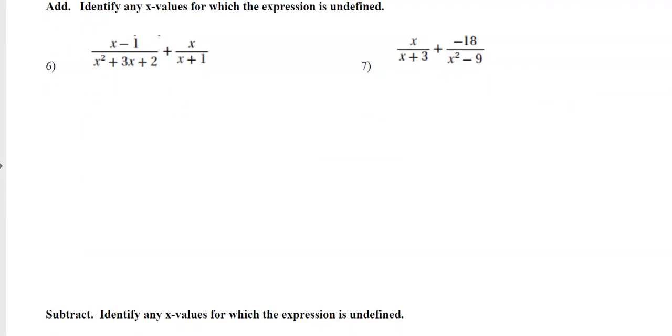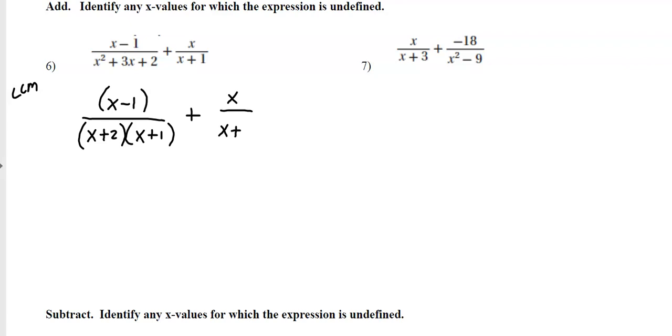Now we need to add 2 fractions with different bottoms. So first step is I got to get an LCM. So I'm going to leave the top the same. I'm going to do the bottom. That's going to be an x plus 2 and an x plus 1. And then over here, I have an x plus 1.